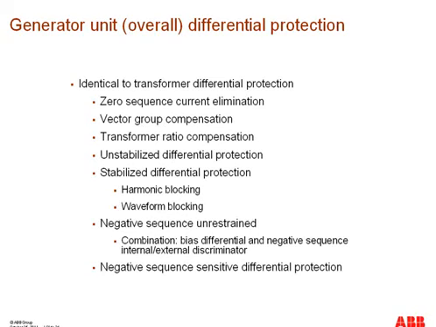And then, of course, we have to have harmonic blocking and waveform blocking as well for the switch on to fault features. And then we have the negative sequence unrestrained protection, in combination with the biased differential. And then we have the negative sequence sensitive differential protection when it comes to the generator unit differential protection.